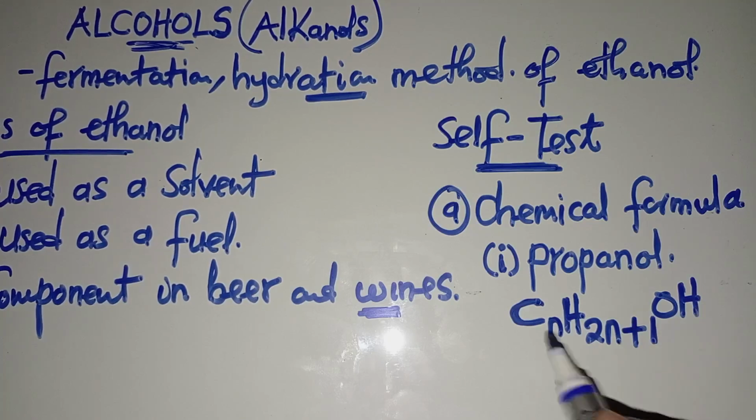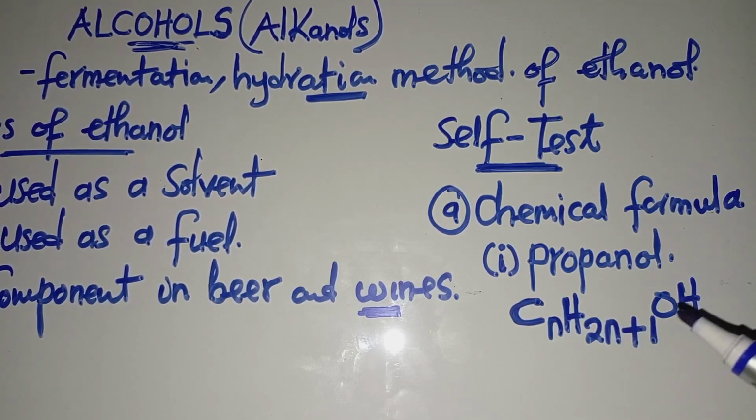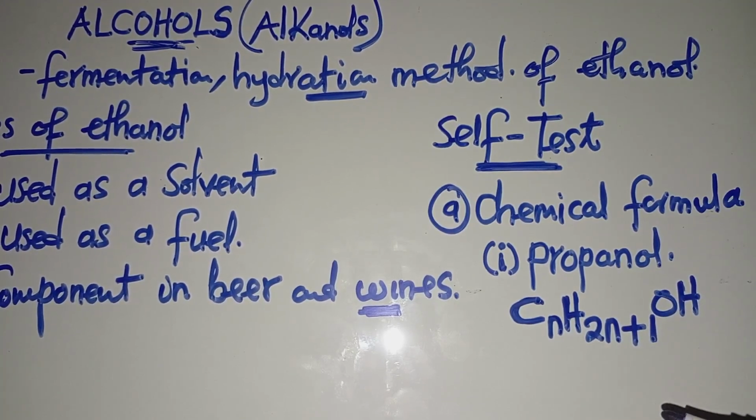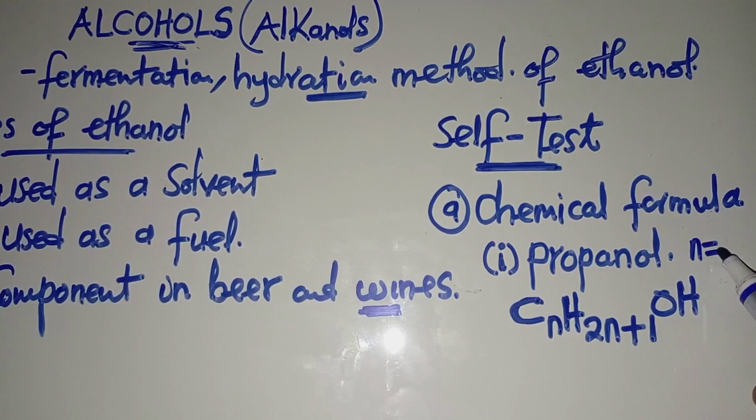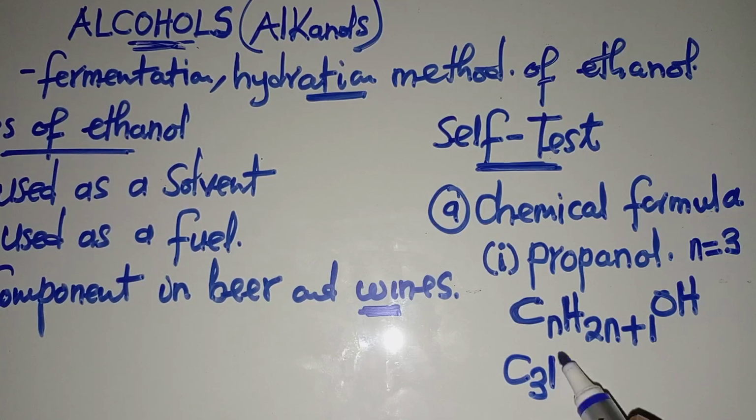So propanol, prop, position number 3, meaning n is equal to 3. Where there is n, we shall put 3. C3H, so 2 times 3, 6, plus 1, 7.